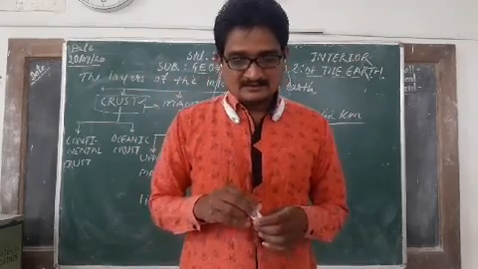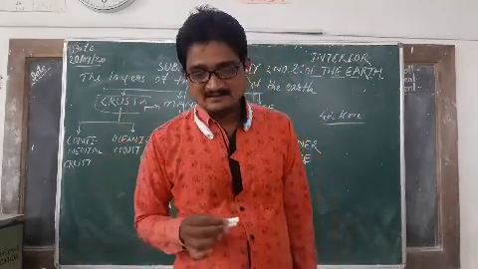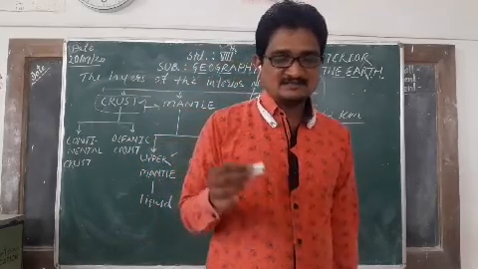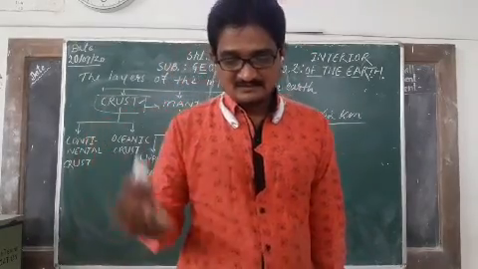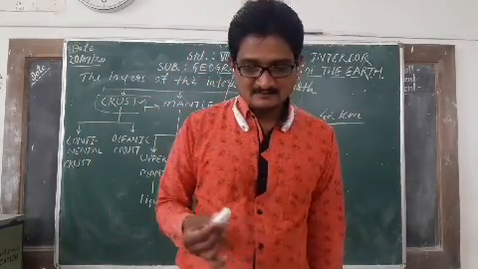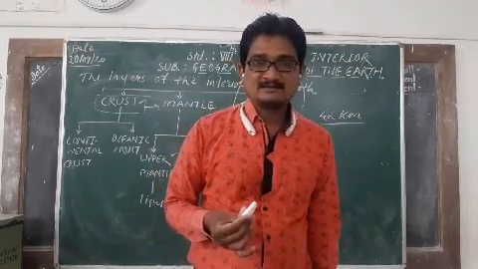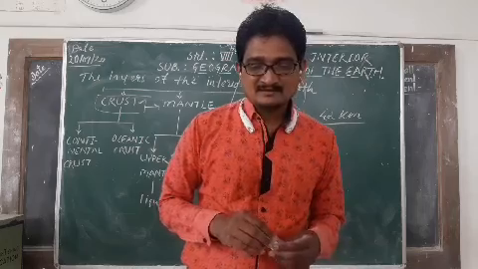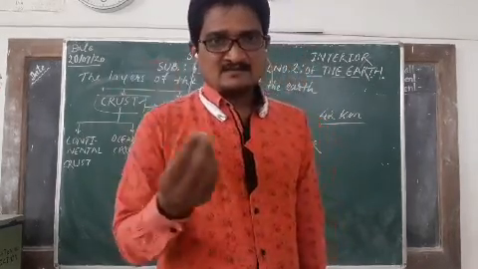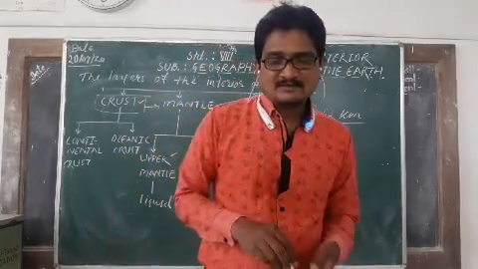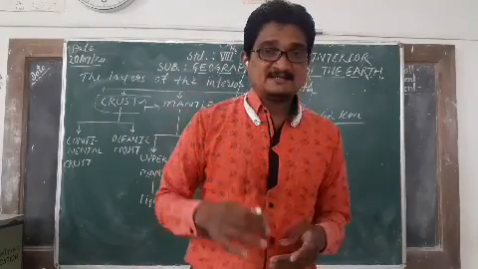Okay. This layer extends up to a depth of 2870 kilometers. Average density of this layer is 4.5 gram/cm3, and it increases with depth. That is the density it shows.